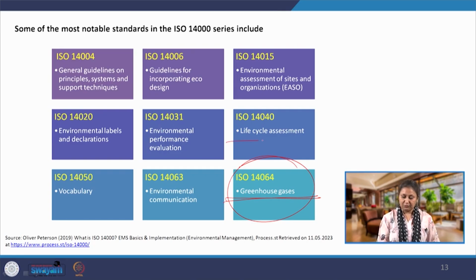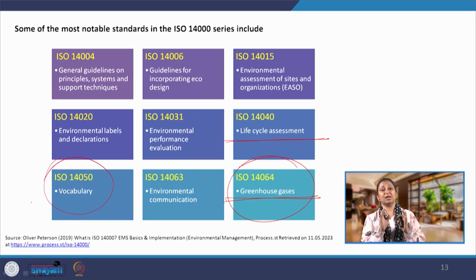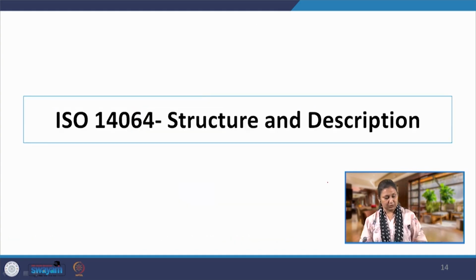For example, 14040, which is about life cycle assessment. We have a standard only on the vocabulary of the words used in environmental management related issues. We also have standards which serve as guidelines for incorporating eco design, ecological design. We have standards for assessment of sites and organizations and a lot of others, but we are going ahead with 14064.